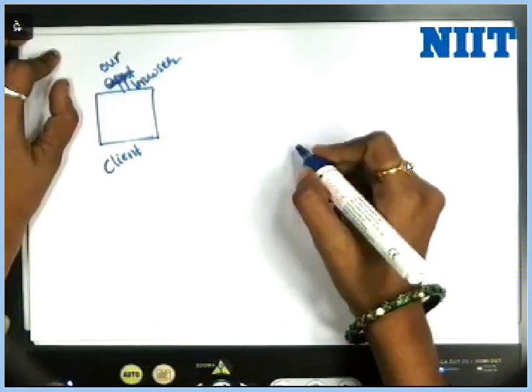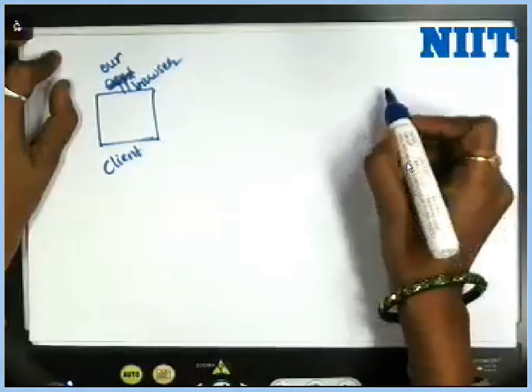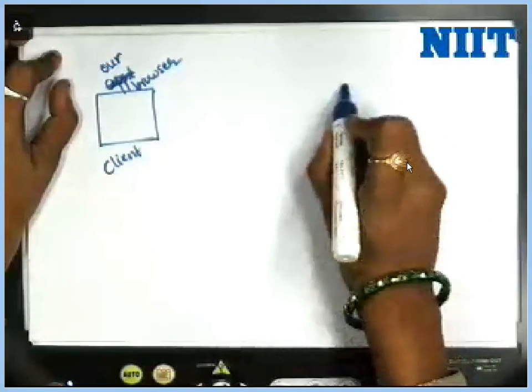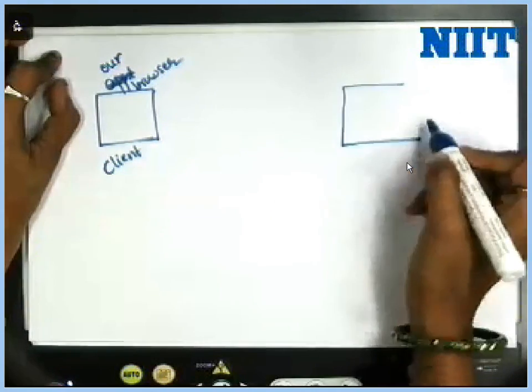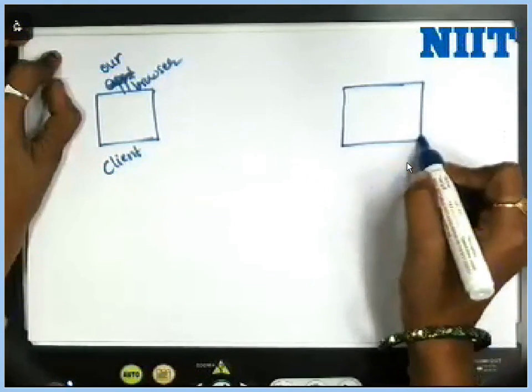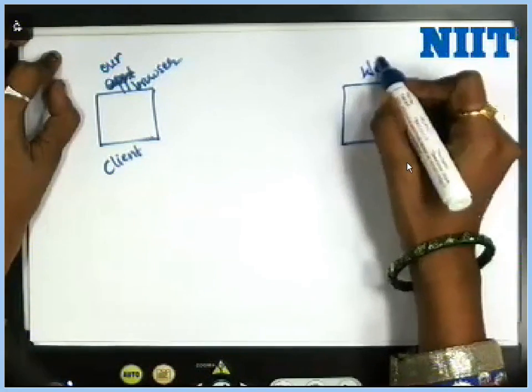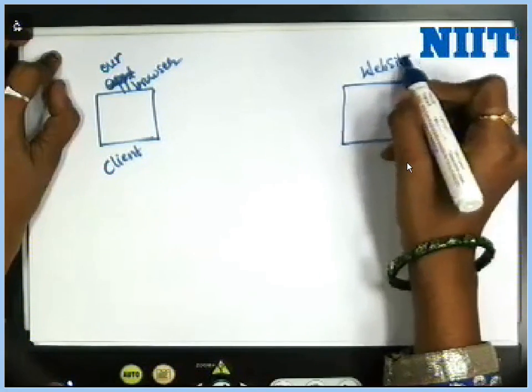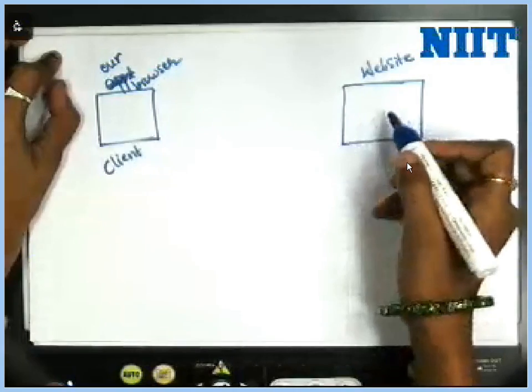Indirectly, the browser is called the client. From this client you want to connect to one website. This is the real website which you want to access. This is a website which needs to be accessible by the client.